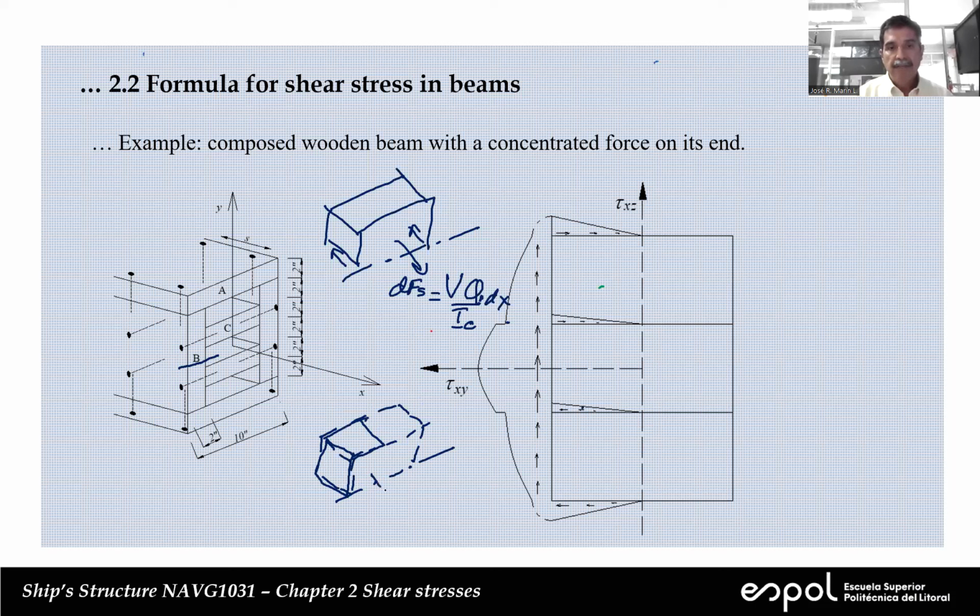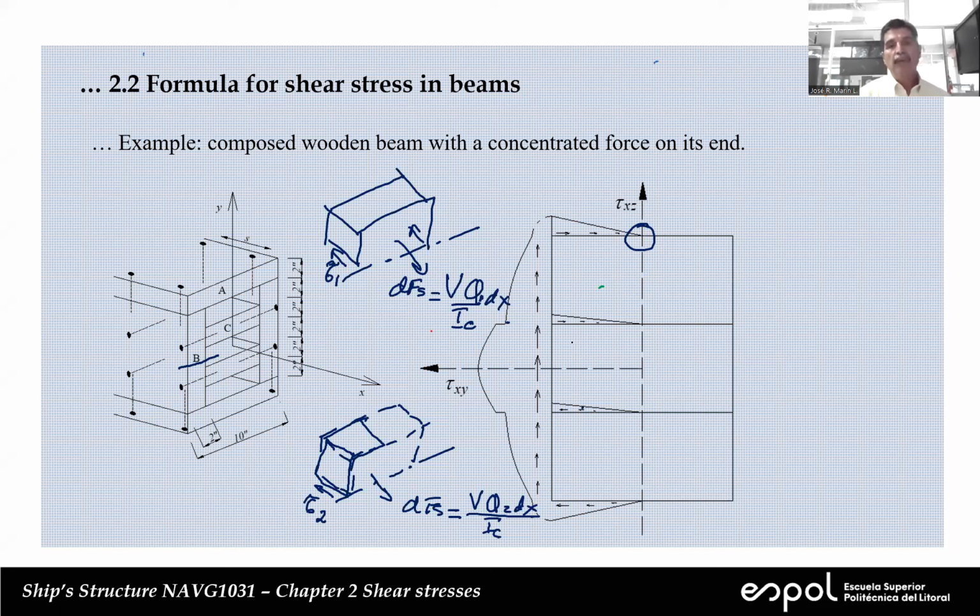I have DFS, and DFS is going to be V Q2 dx divided by the inertia. Now, in this cut, there is no shear stress because it's a symmetric section. And that's what we explained here. So here I have no shear stress, and here I have a value of tau. Let's call this tau 1, and this we call tau 2.